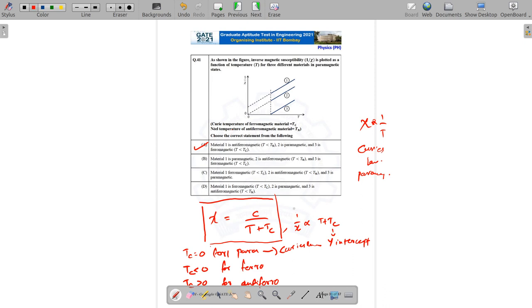If 1 by chi is your y axis and x axis is basically T, then Tc is basically the y intercept of the straight line. So Tc less than 0, a negative y intercept, is for a ferromagnetic, so that means 3 is ferro, and Tc equals 0 is for para, and Tc greater than 0 is for antiferro.